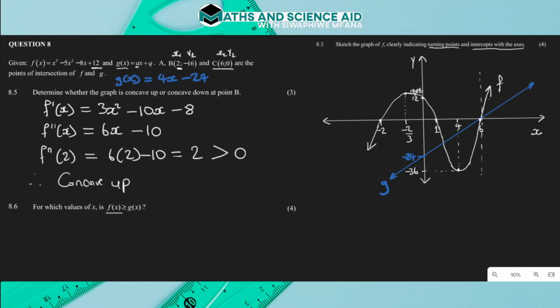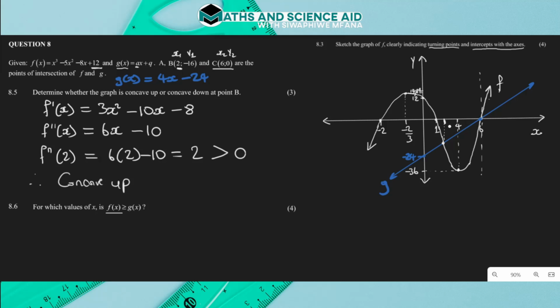And then in between this point and also this point of intersection, the graph of f is actually below that of g. So we need to know confidently what this value is equal to. Well, we're given some points of intersection here.